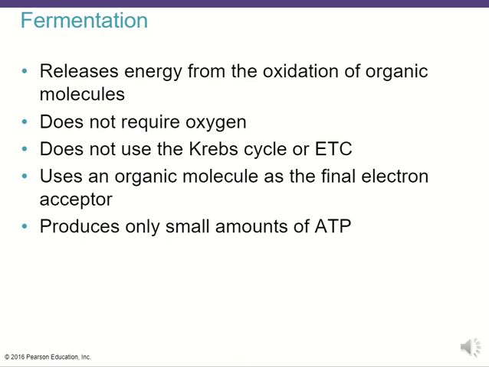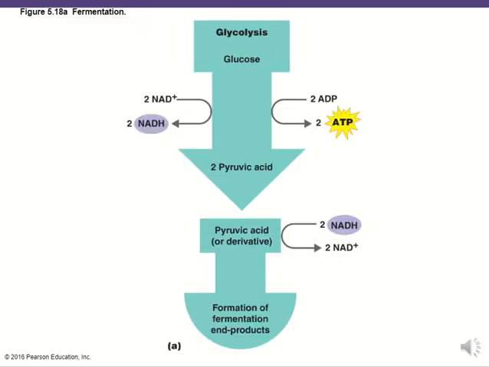So it uses an organic molecule as the final electron acceptor, and because it skips the Krebs cycle and electron transport chain, it only produces a very minimal amount of ATP. And for large organisms like us, anaerobic respiration isn't worth it. But it is good enough for bacteria and single-celled, simple-celled organisms.